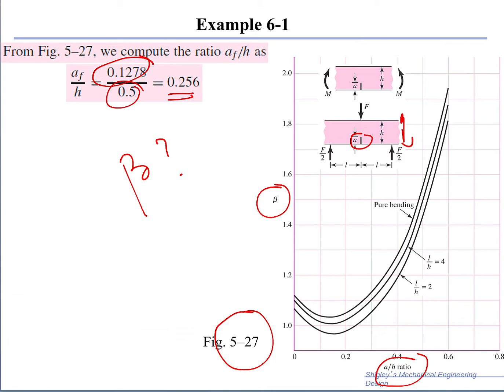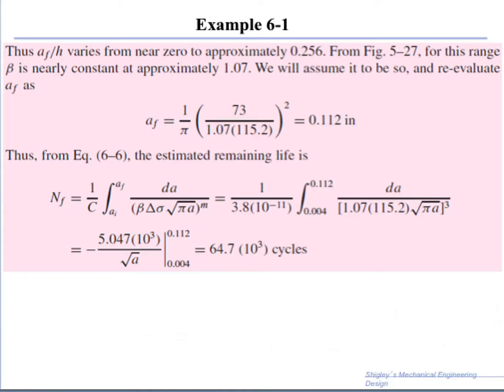For the initial, a over h is very small, close to 0. If I look at this graph, beta varies over the lifetime along that curve. As you can see, the beta variation is not very significant, so I can assume some kind of constant value just to get going on the numerical integration. And that's what we did here.